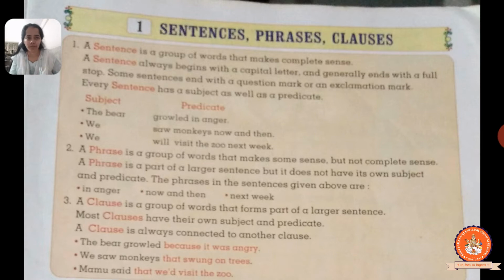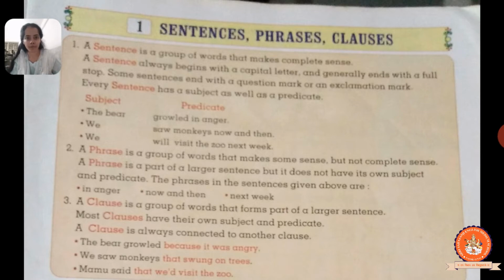Then coming to the second point, a sentence always begins with a capital letter and generally ends with a full stop. You know very well that a sentence always begins with a capital letter. We cannot begin a sentence with a small letter. And when we complete our sentence, we always end with a full stop.